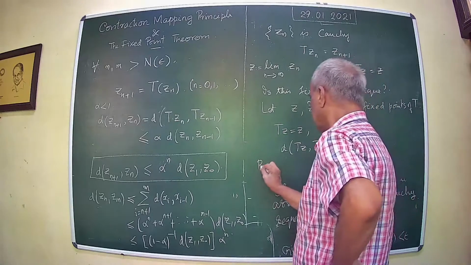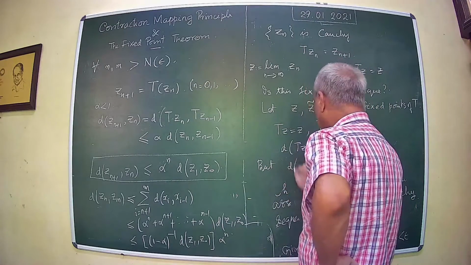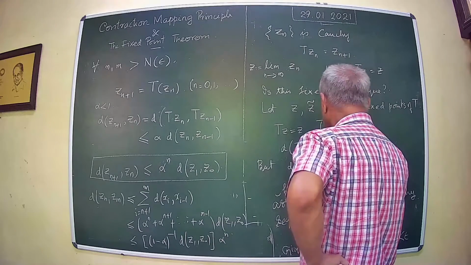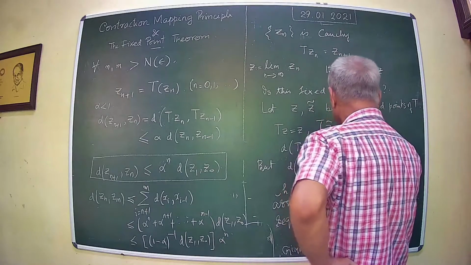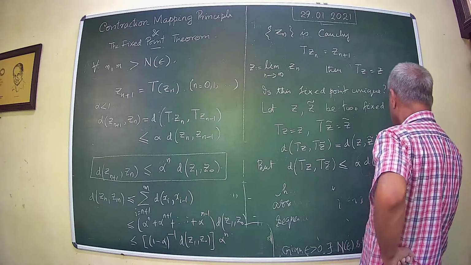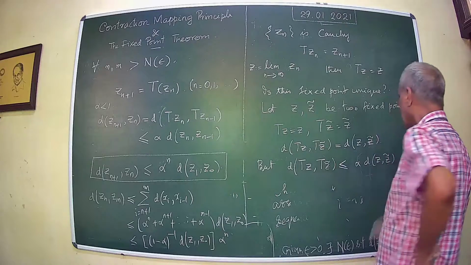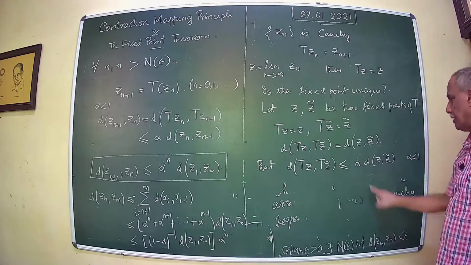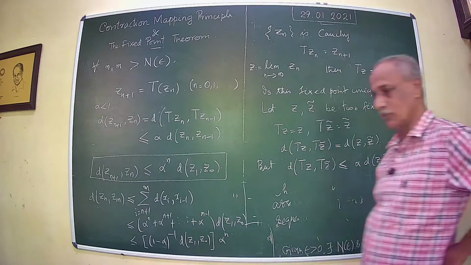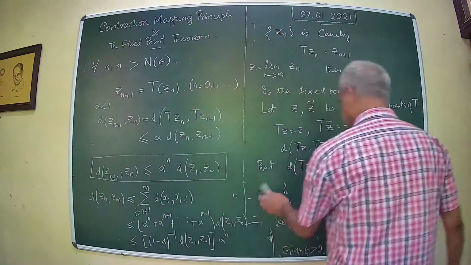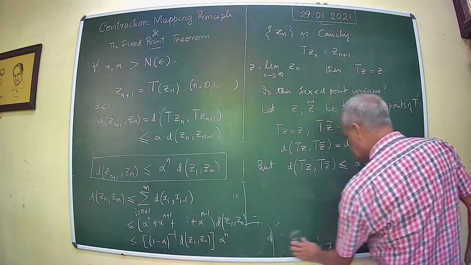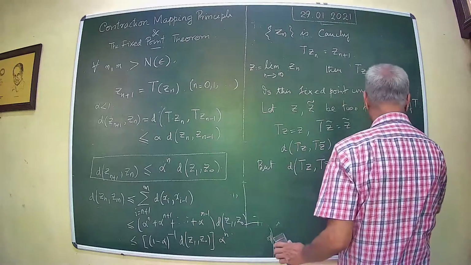But what you have is d of Tz, Tz tilde, since T is a contraction mapping, less than alpha times d of z, z tilde. That's a contradiction, because the value of alpha is strictly less than 1. Therefore there exists exactly one fixed point.